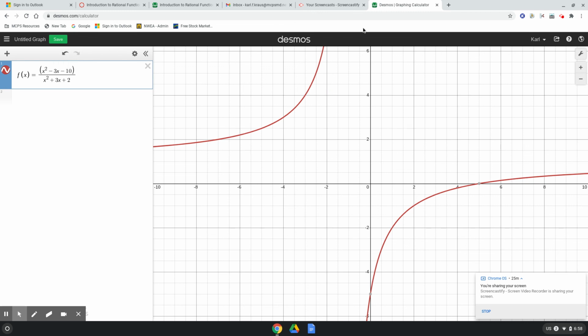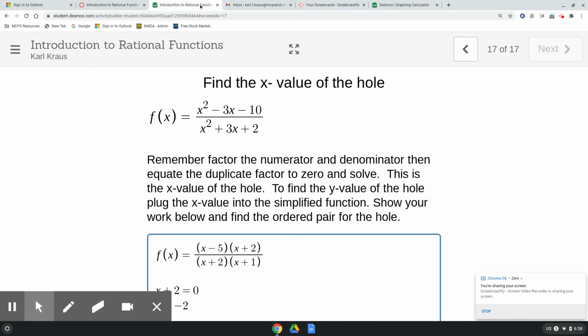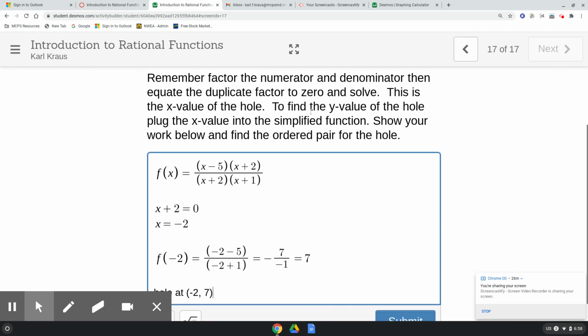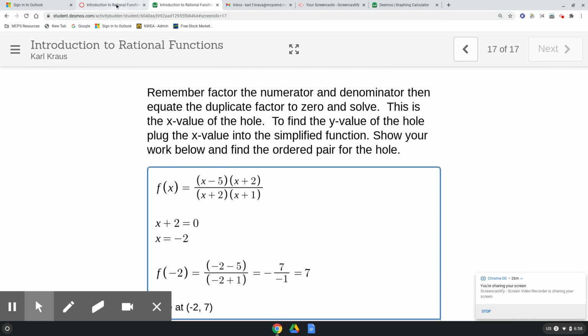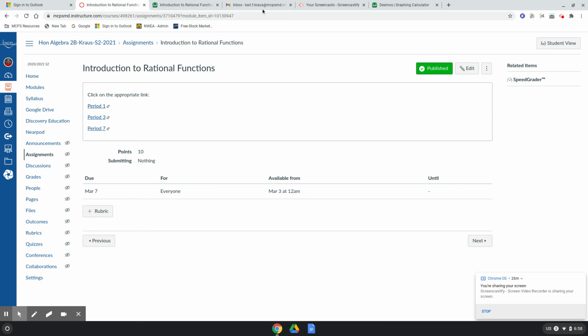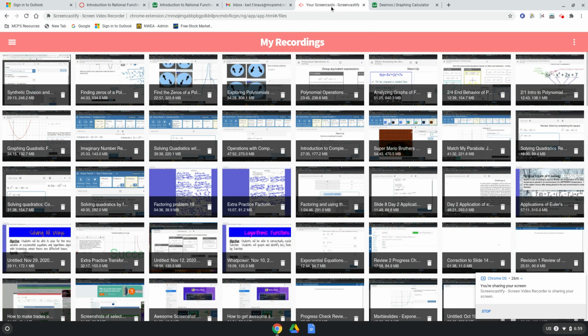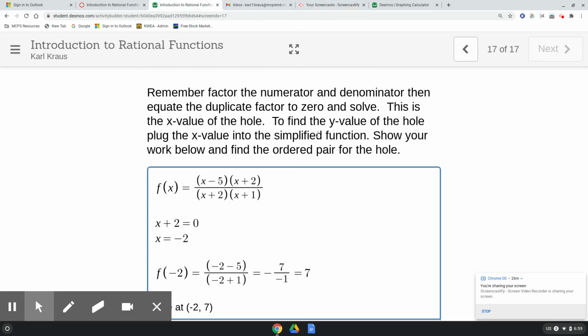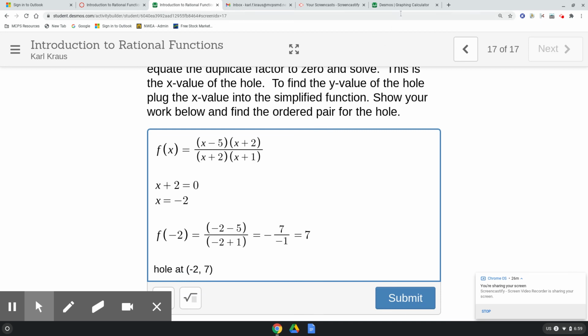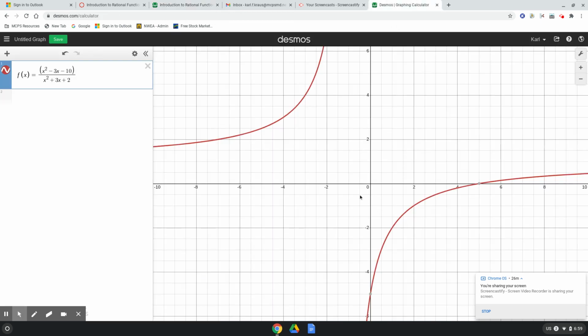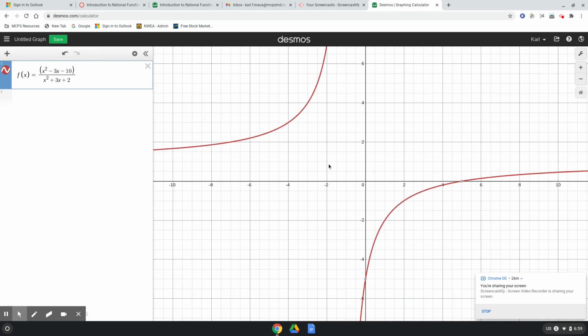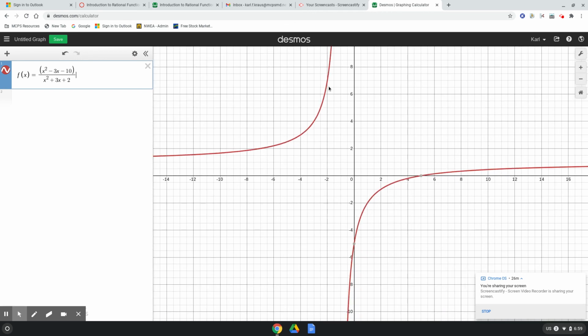And let's see what happens at negative 2, 7 when I put my mouse on that point there. Negative 2, 7 is right here.